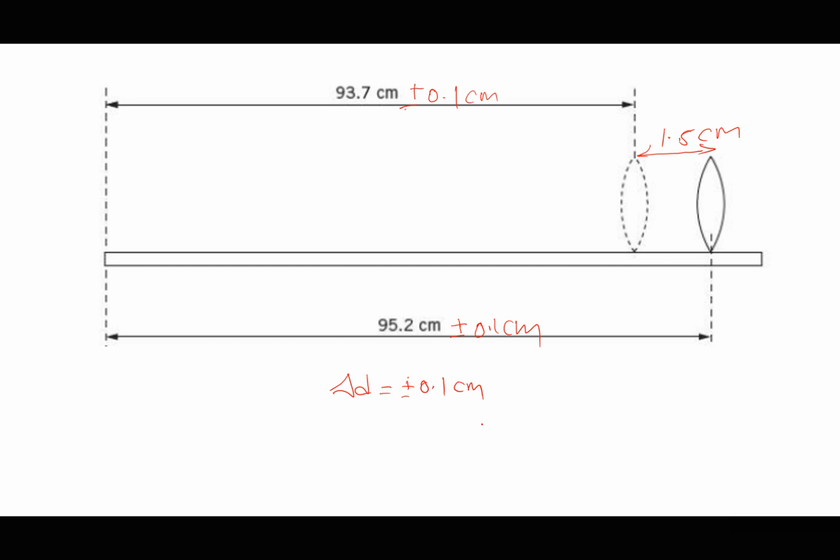Therefore, in such cases, creativity is going to be of essence. Think of a situation where you measure the thickness of all the pages of your book and divide by the number of pages. Instead of using the micrometer screw gauge to measure the thickness of just one page, you would measure the thickness of all the pages and then divide by the number of pages, because if you were to take a measurement of just one page, you may find that the uncertainty in the instrument is bigger than the measurement you have taken.